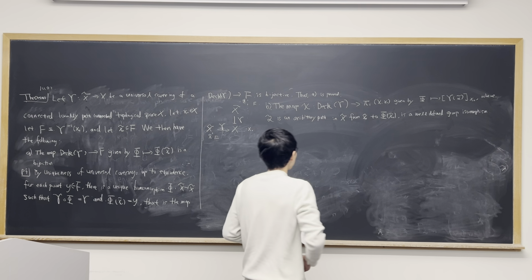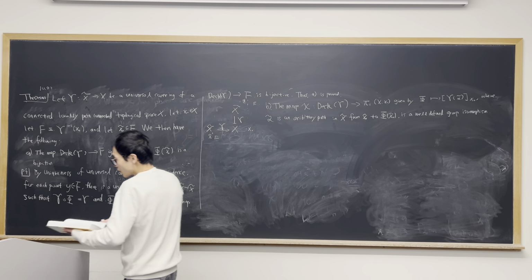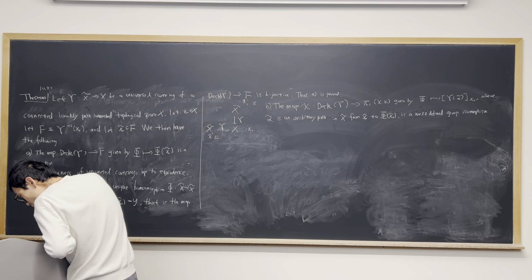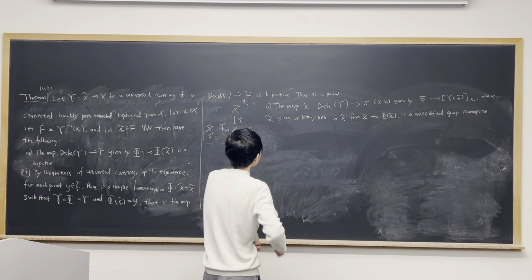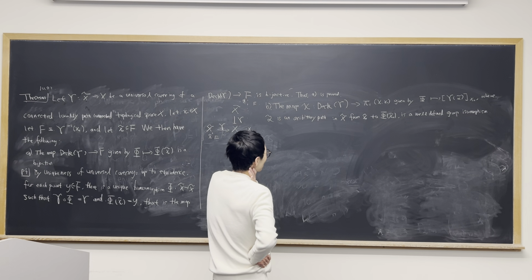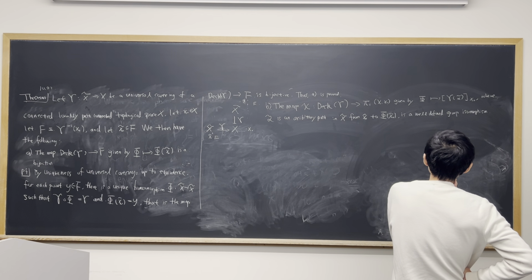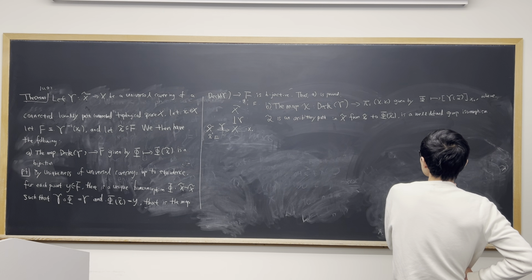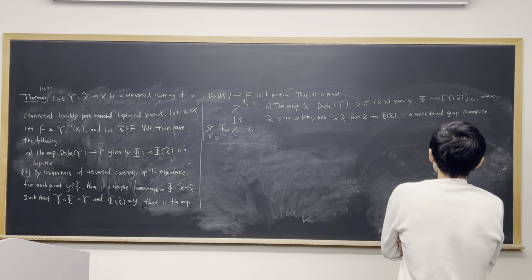So now the map from deck gamma to pi 1 of x naught, given by phi to this gamma of alpha tilde, centered at x naught, where alpha tilde is an arbitrary path in x tilde from x naught tilde to phi of x naught tilde, is a well-defined group isomorphism.